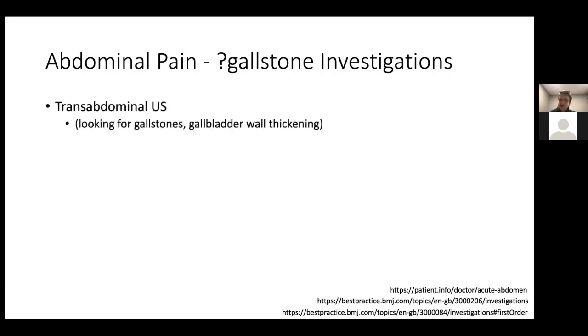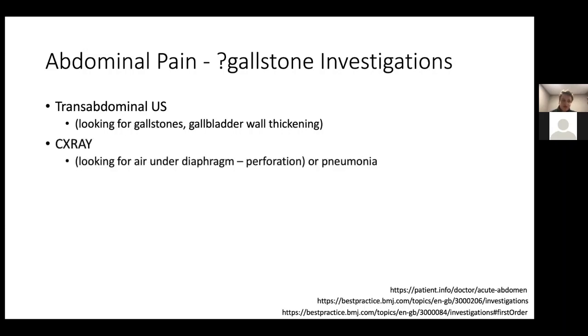Some other ones: a transabdominal ultrasound. Things you're looking for are gallbladder wall thickening, maybe fluid around the gallbladder, and the gallstones themselves. Chest X-ray, if you're concerned that a patient has a perforation, or, like I said before, a lower lobe pneumonia, maybe they've got respiratory symptoms, maybe crackly on the chest, you want to check that.